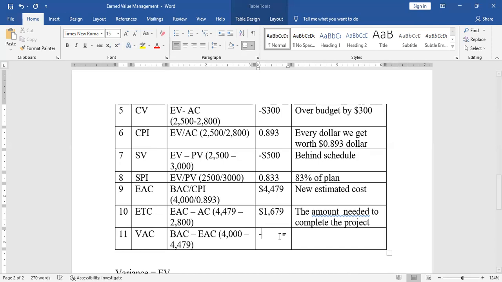So it will be negative 479 as VAC. Interpretation: total variance of the project.